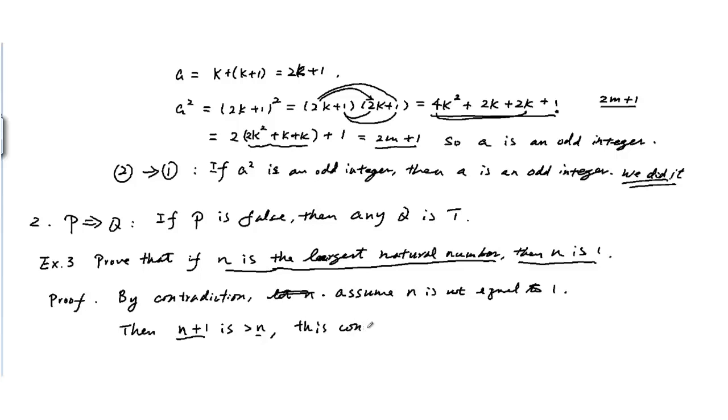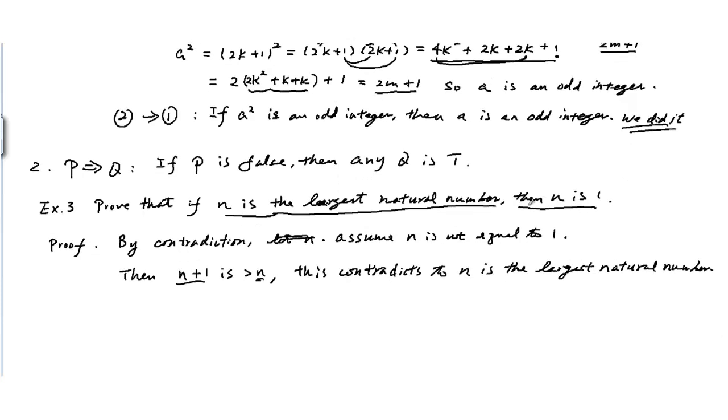So this contradicts n being the largest natural number. Therefore n is not the largest, so that is a contradiction. So the contradiction means our assumption is not correct. So n is 1. Okay.